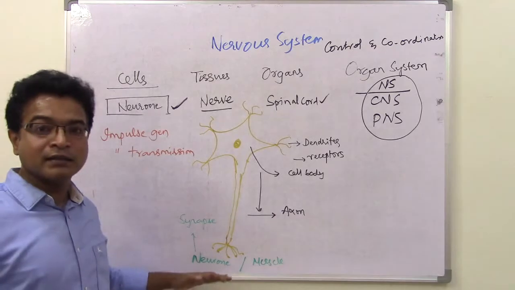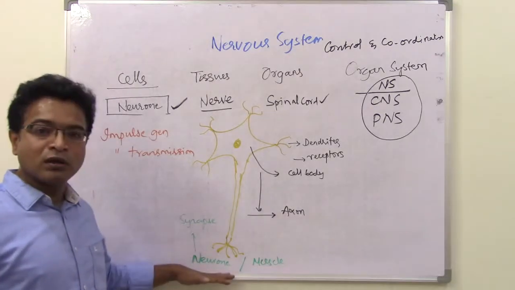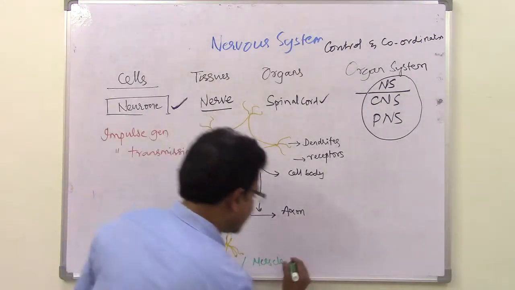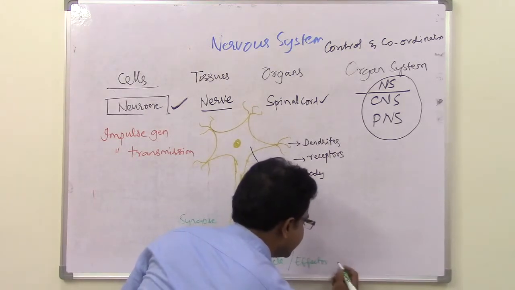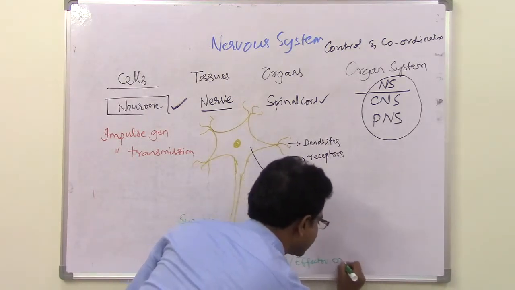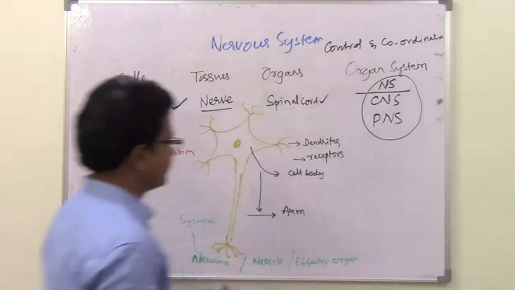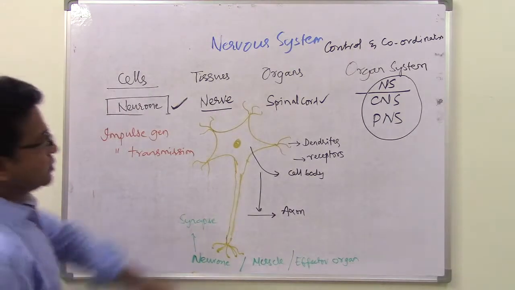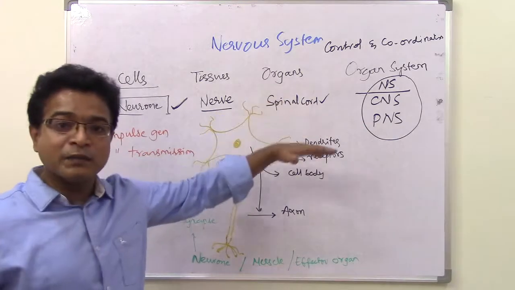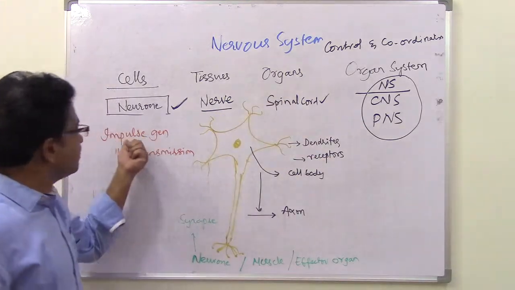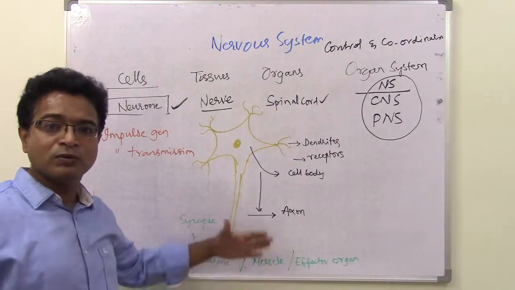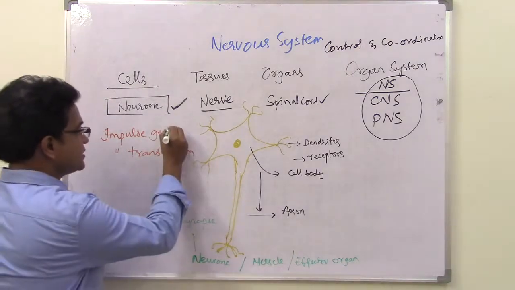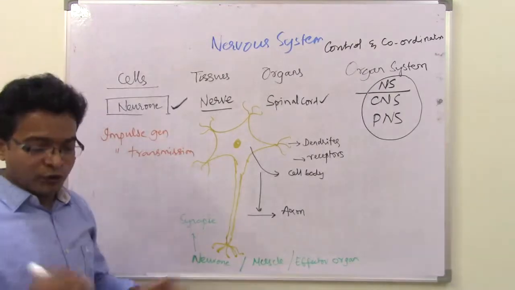Axons end in either talking to another neuron or to an effector organ, where a command is passed on to the effector organ, right? So dendrites work as receptors. That is where an impulse is generated and is passing through the axon. Impulse is generated and transmitted to the neuron.